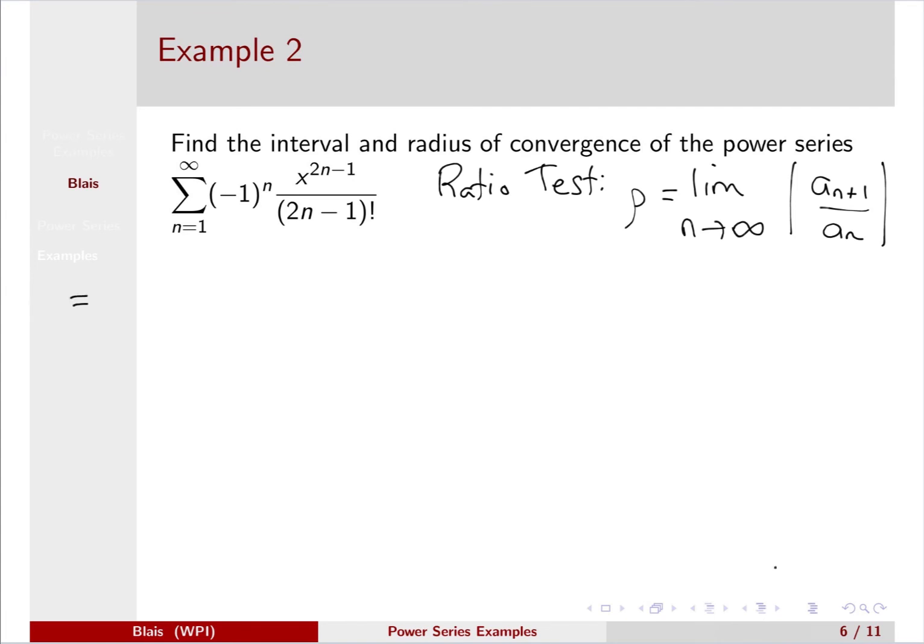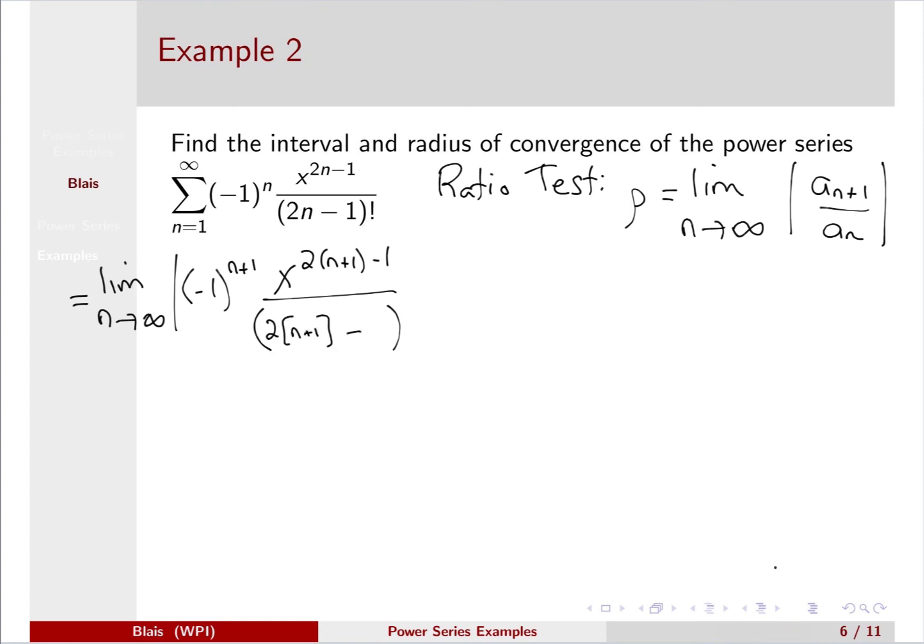So let's set this up for this particular example. We have the limit as n goes to infinity of the absolute value. For the numerator, we take every instance of n in our summand and replace it with n plus 1. So we have minus 1 to the n plus 1, x to the 2 times n plus 1, minus 1, over the quantity 2 times quantity n plus 1, minus 1 factorial.